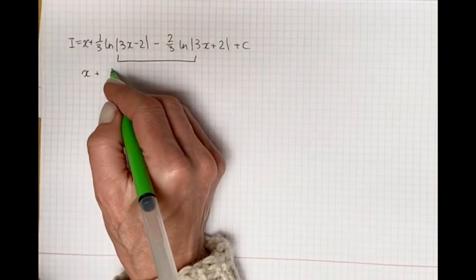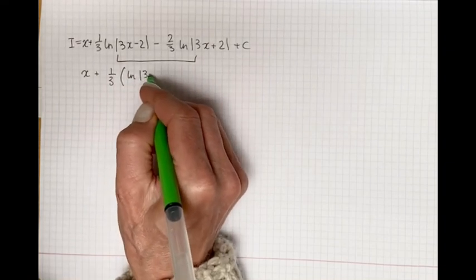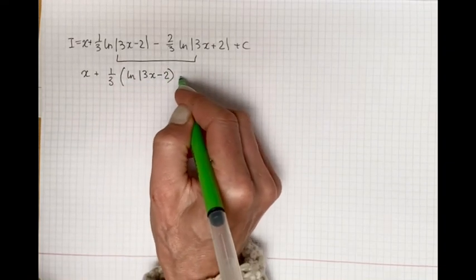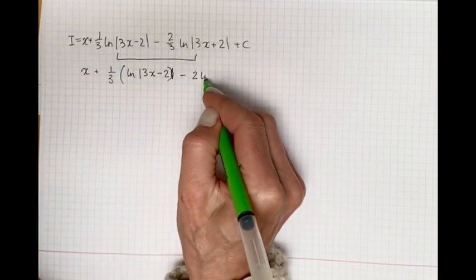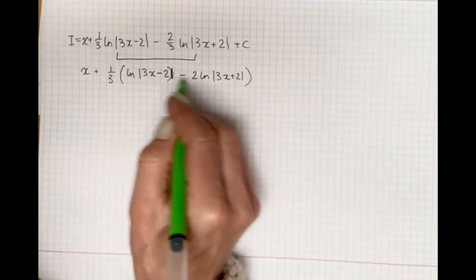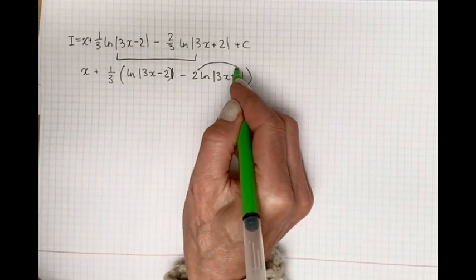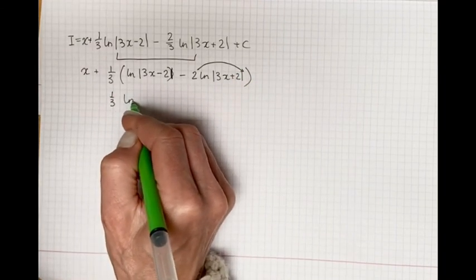So you can take 1/3 out, and then you've got ln 3x minus 2 minus, and 2 will be left from this fraction, 2 ln 3x plus 2. And then these two can be combined. As soon as you put the power as a squared, you have 1/3 over a one single log.